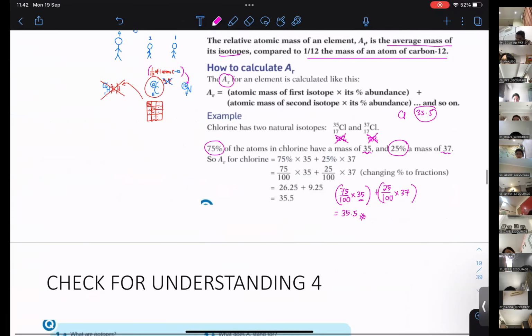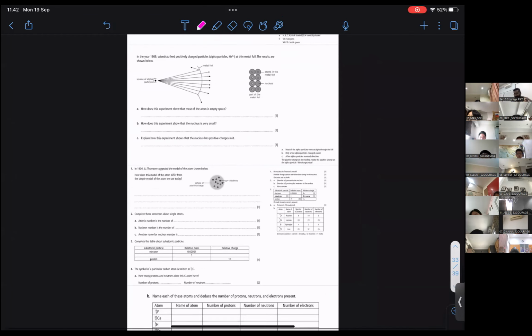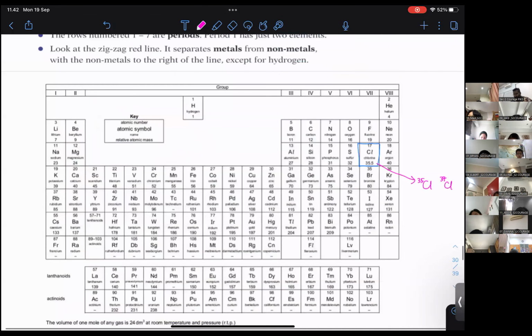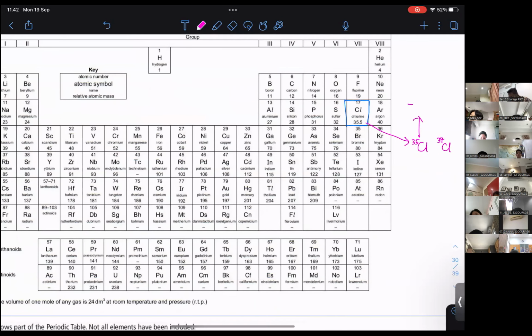You can see here 75%. So I will write down here: 75% in nature, Cl is found in the form of Cl 35, and 25% in nature, it is found in the form of Cl 37. And if you find the average, you will get 35.5. That's the meaning. And the same thing can be applied for hydrogen.